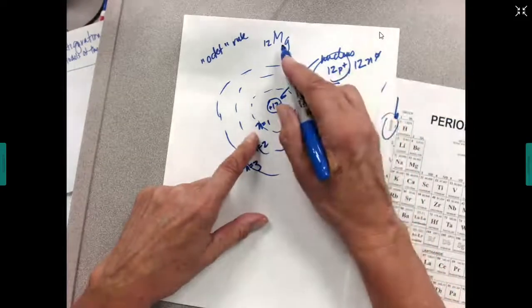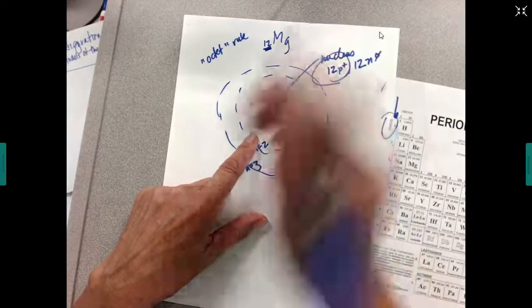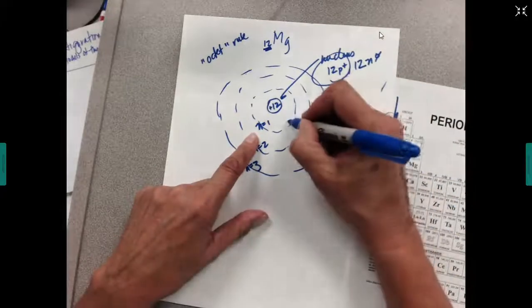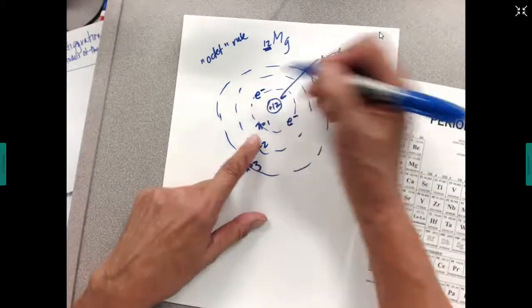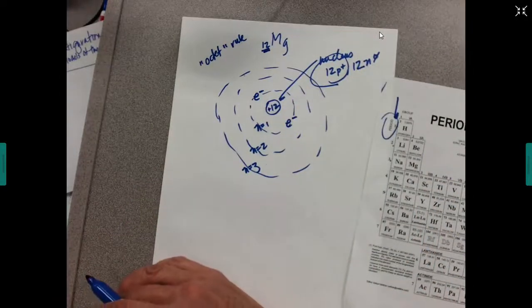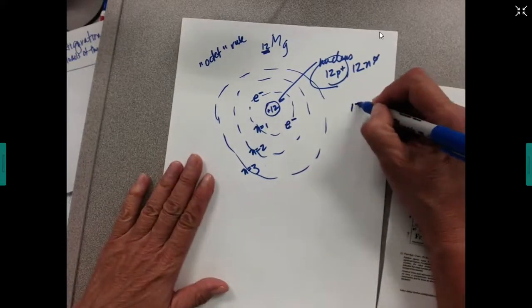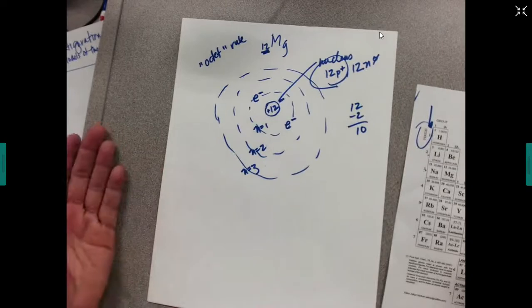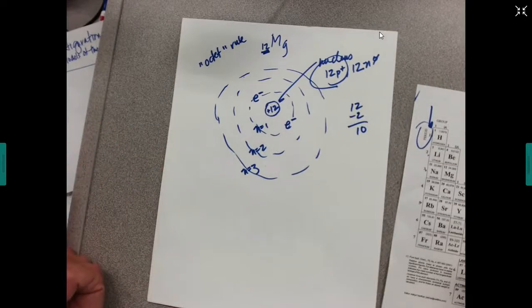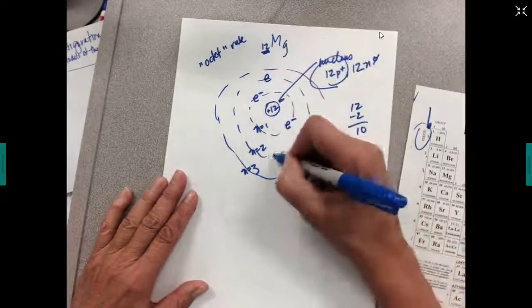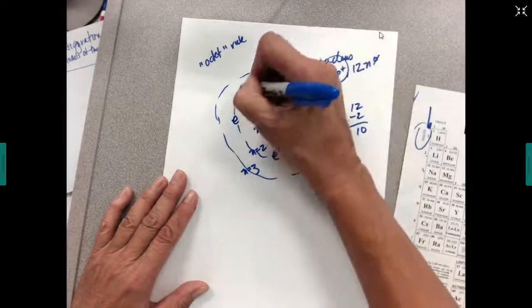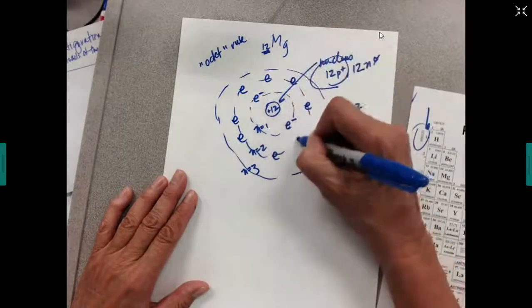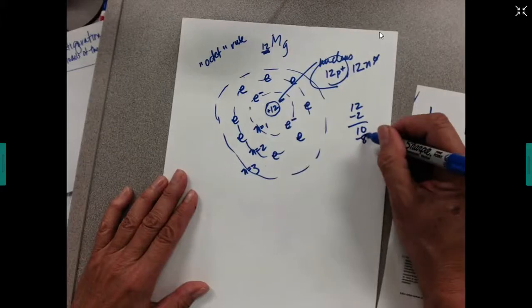So back to magnesium. It's got a total of 12 electrons that we have to distribute. The first energy level is full with 2, so we put 2 of those electrons in the first energy level. 12 minus 2 leaves 10 remaining. And remember, the max that can go in a particular energy level is 8, so we put 8 in the second energy level. 10 minus 8 leaves 2 remaining.